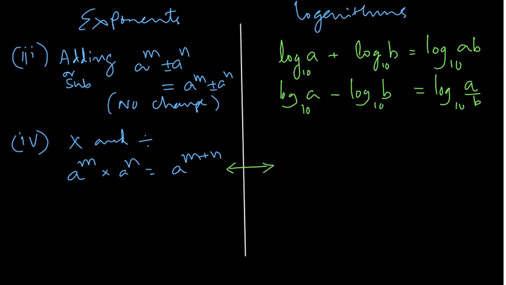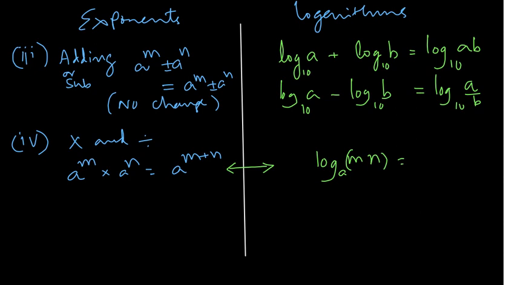Okay. What we are doing is we have to say this is a to the power of m plus n. That means you are getting logarithm of m to the base a and multiplied by n.